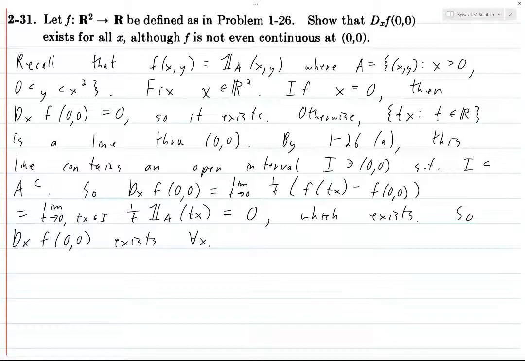And this is just another strange example of weird phenomena that could occur with functions and differentiability, especially if you don't assume nice continuity and everything.